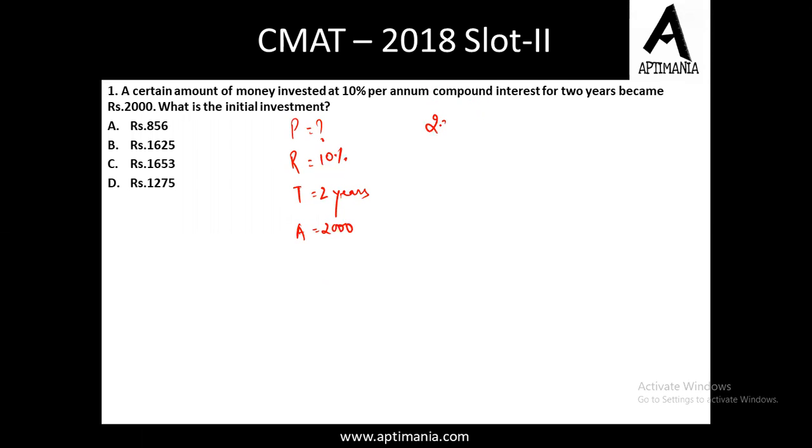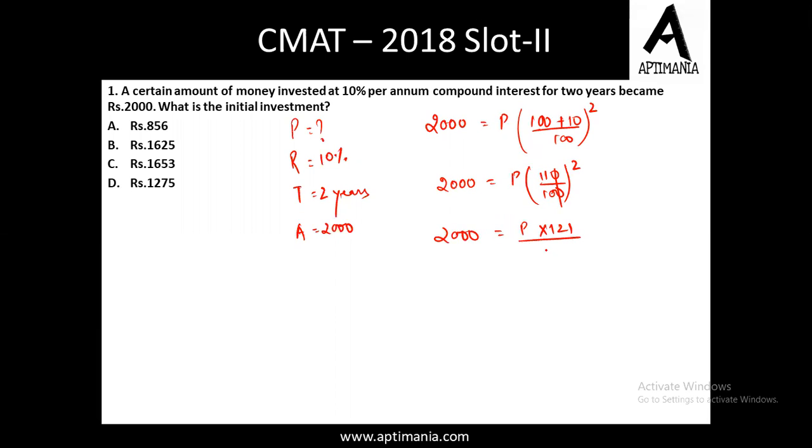Applying the formula for amount equals principal into (100 plus r upon 100) raised to the power t, we'll have 2000 equals p into (110 upon 100) whole square. Double zero, zero cancel. I'll have 2000 equals p into 121 upon 100.